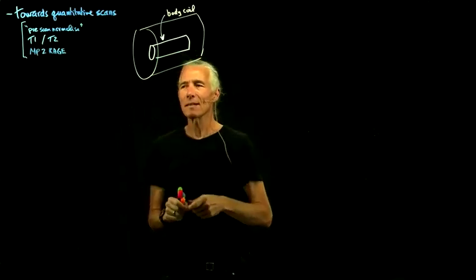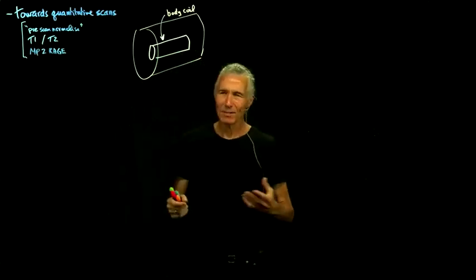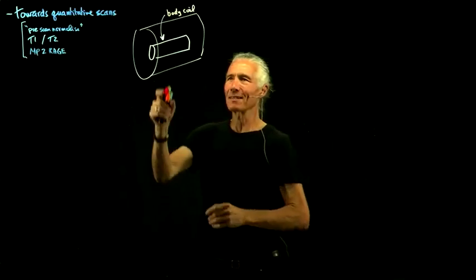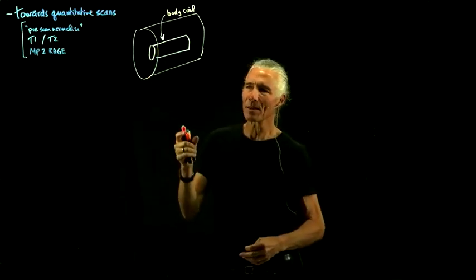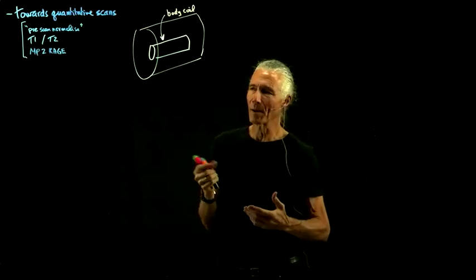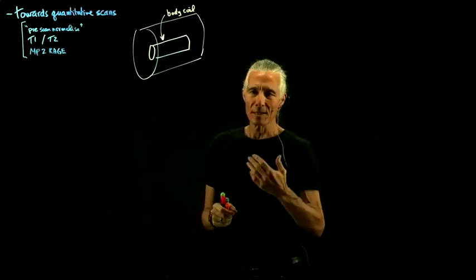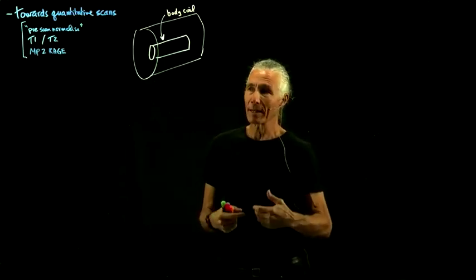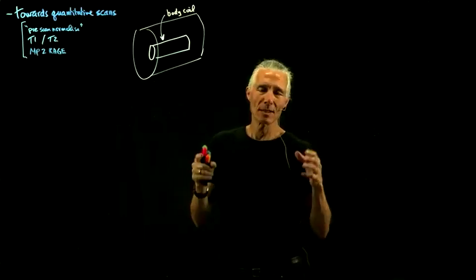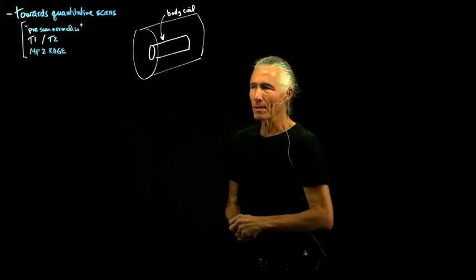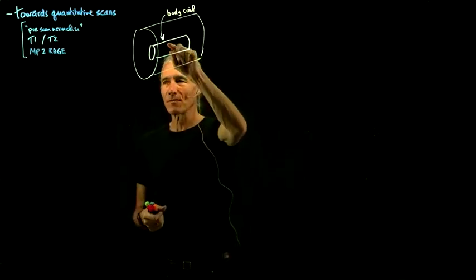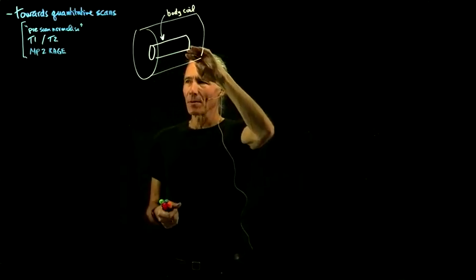So there's nothing wrong with the signal coming out of the body coil. It's a great antenna. It's just picking up a lot of noise from other parts. If you look at the image from a body coil, you can transmit from the body coil and also receive from it. The image looks a lot noisier, but it's much more uniform because it's much further from the thing you're recording.